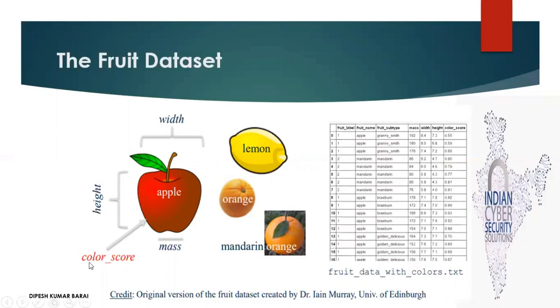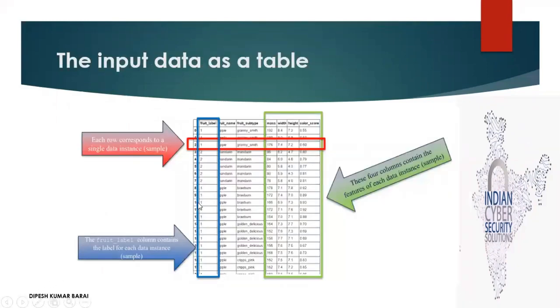Here I have taken each row of the corresponding data set. For the fruit label, we assign apple as 1 and mandarin as 2, and so on for the other values. Each row contains a single data instance.